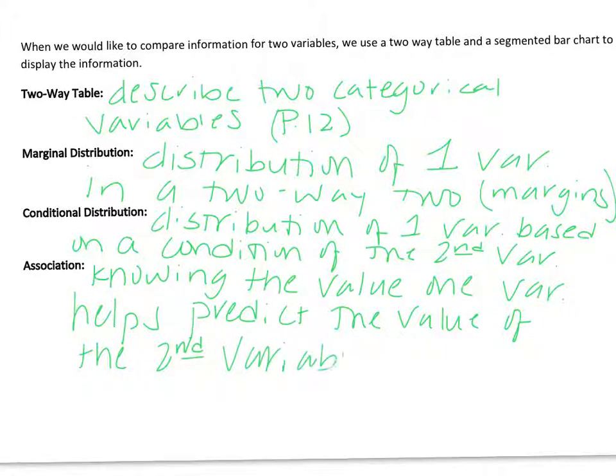For example, there would be an association between gender and opinion if knowing that they were female helps me to predict their opinion on the matter. And so we either say that there is an association or that there is no association.